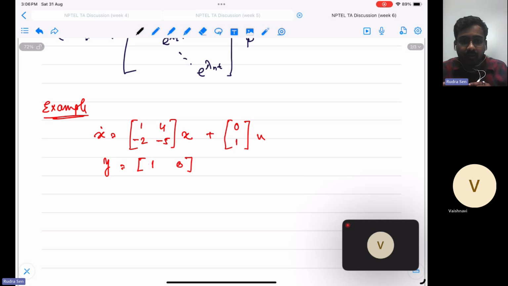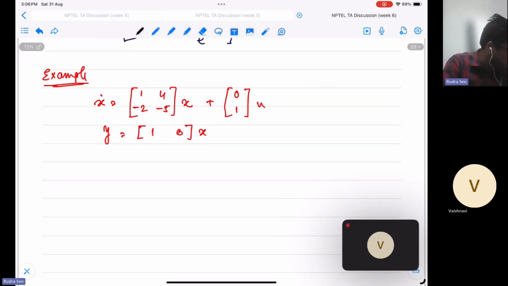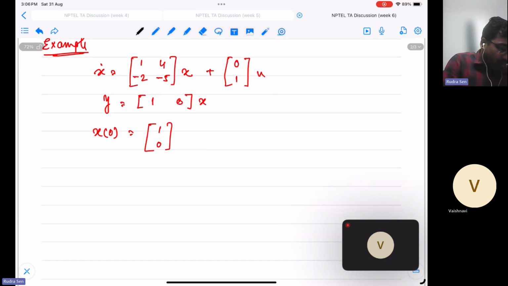If you find any problem, you can stop me and ask me the question. This is the second order system, and the initial value x0 is given as [1; 0].